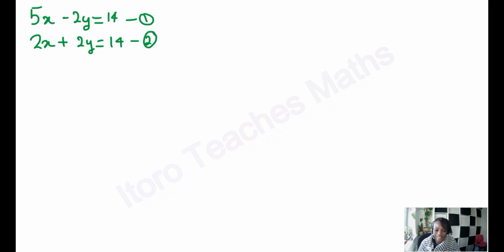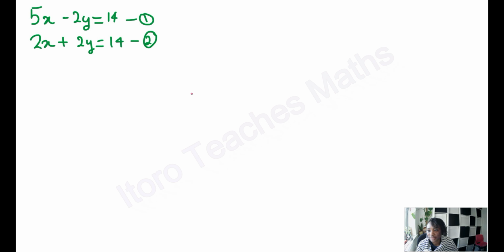So let's begin. When we do elimination, the idea is we need to be looking at these equations in a different way. We need to be looking at it vertically.